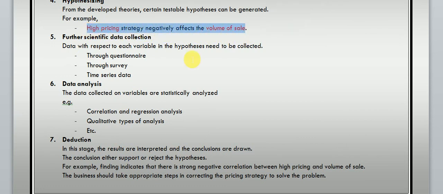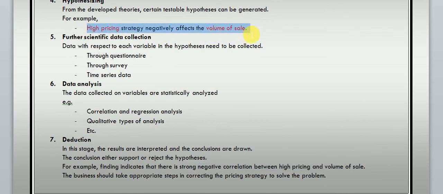For example, your finding indicates that there is a strong negative correlation between high pricing and volume of sale. If the result is like this, it means this statement is supported.